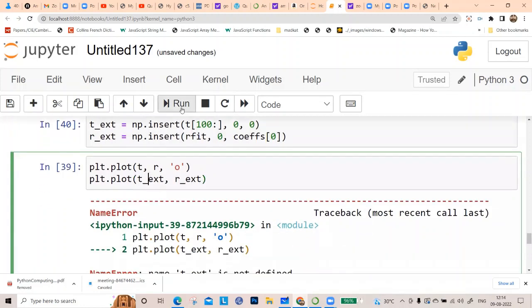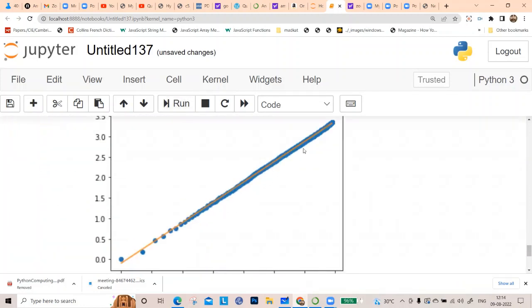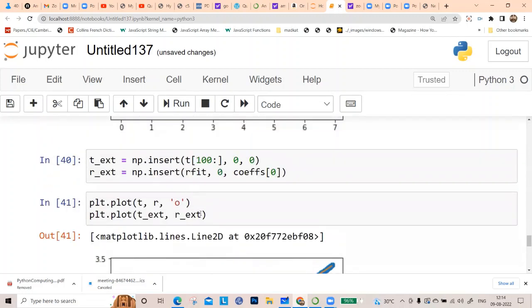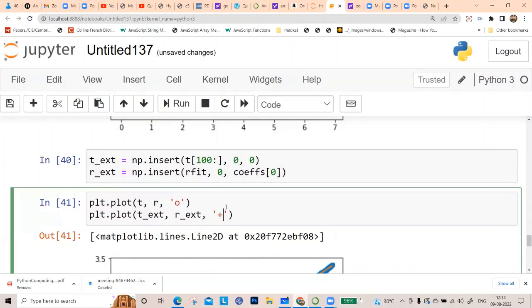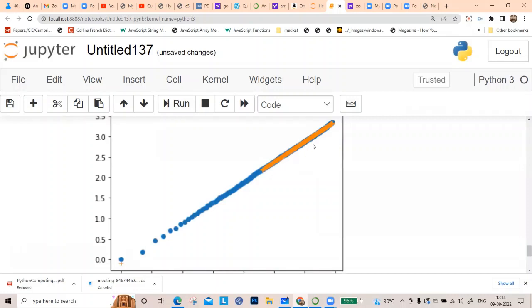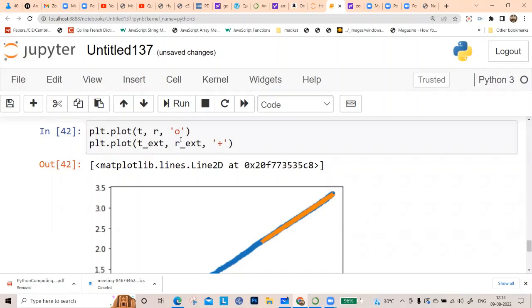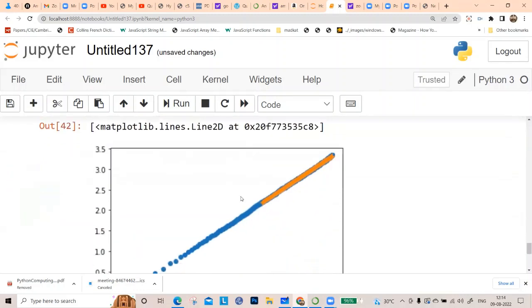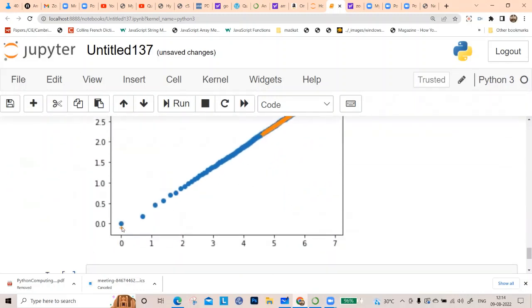So you see the line was up to here. Since I have included this point, the line is continued up to this. If I plot this with, say, plus symbols, you realize the data points are these plus symbols, and one orange plus symbol is here. This is a corrected value at the 0 point by fitting, and so this line is added.